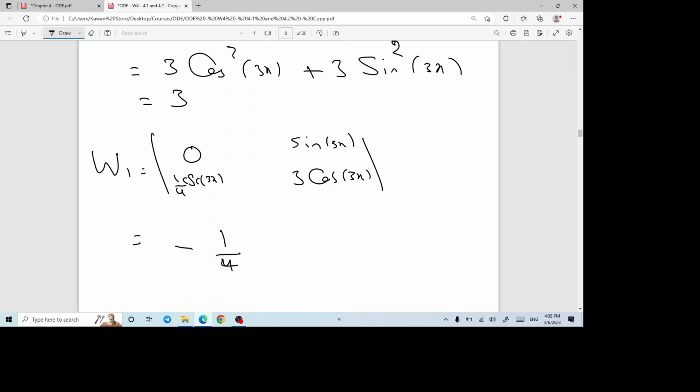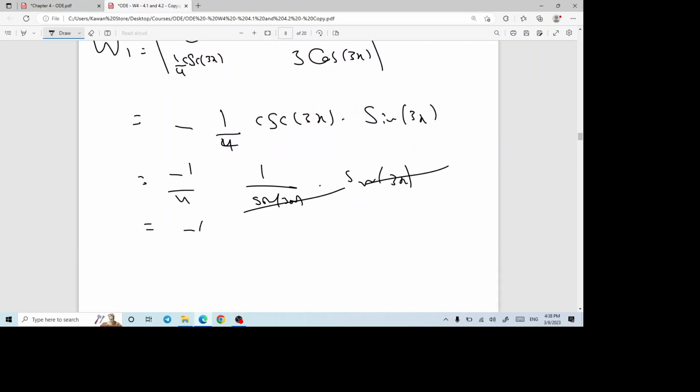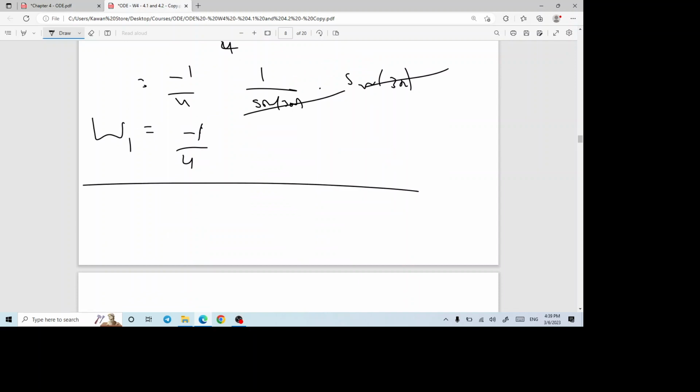Why? Because I know cosecant is 1 over sine 3x, multiplied by sine 3x, and this one will cancel, and I'll get minus 1 over 4. That is our W1.